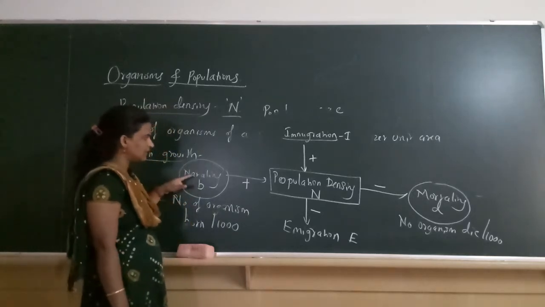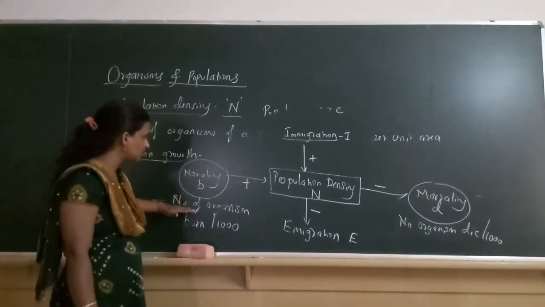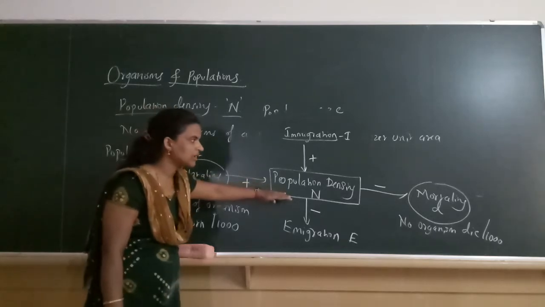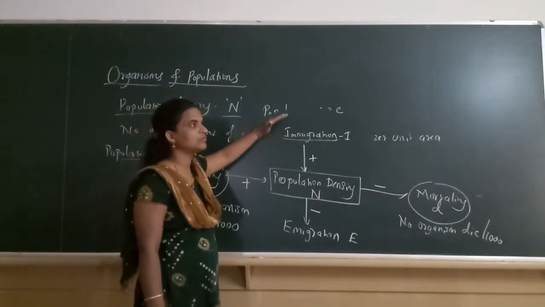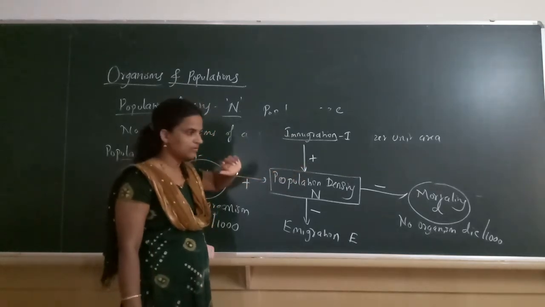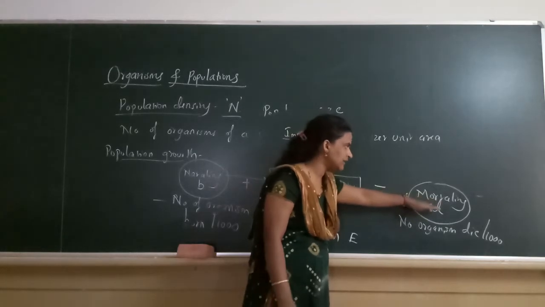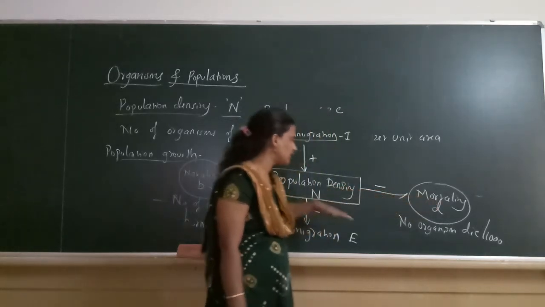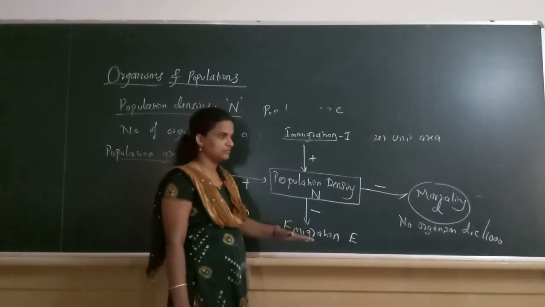So in population density, natality and immigration add organisms and are positive, while mortality and emigration remove organisms from the population.